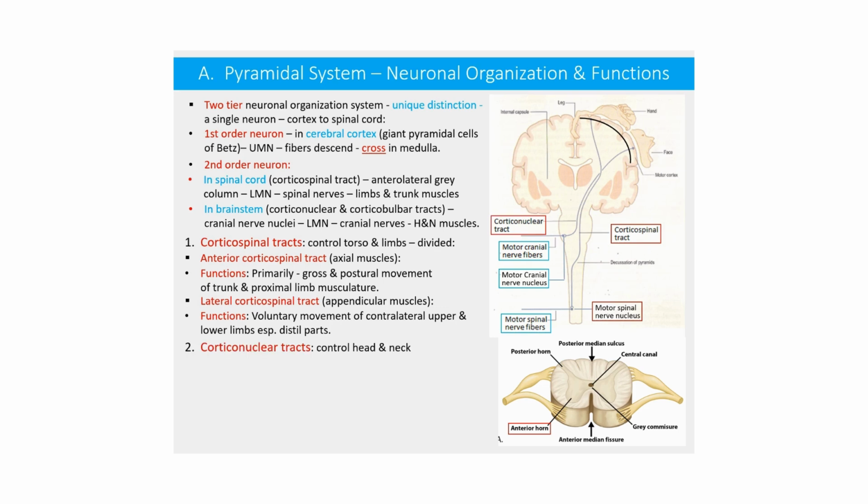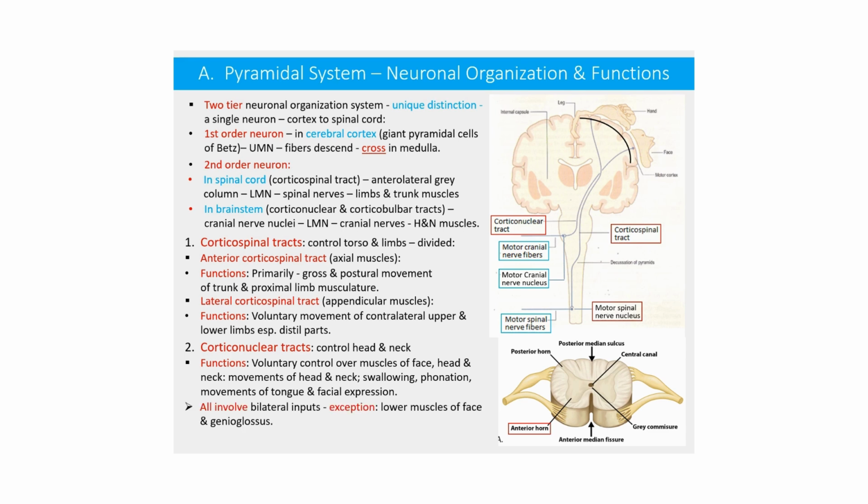Second group of pyramidal system comprises corticonuclear tract meant for the control of head and neck movements. Their main functions are voluntary control over the muscles of face, head and neck, hence movement of the head and neck, swallowing, phonation, movement of the tongue and facial expression.